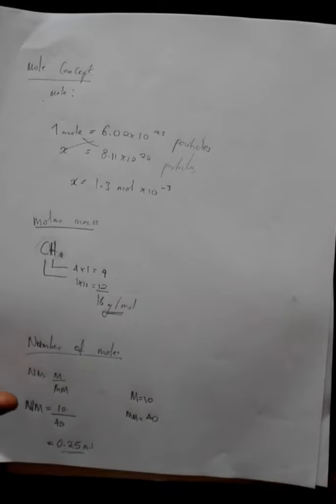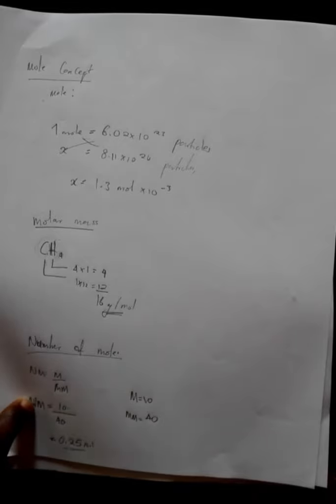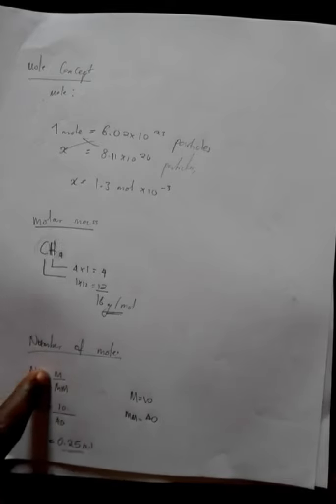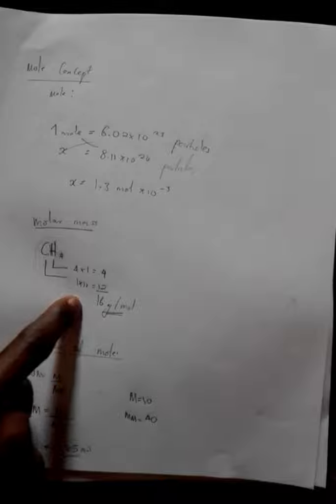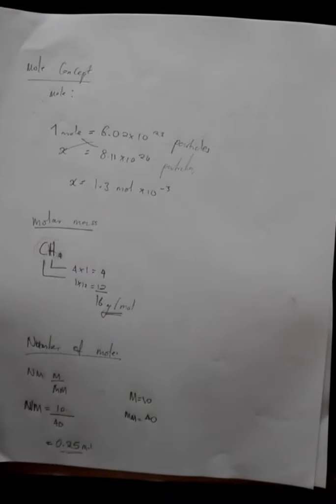The question stated to find the number of moles if the mass of calcium is 10 grams. So we substitute 10 where there's mass and 40 where there's molar mass, the molar mass for calcium being 40. So 10 divided by 40 is 0.25.